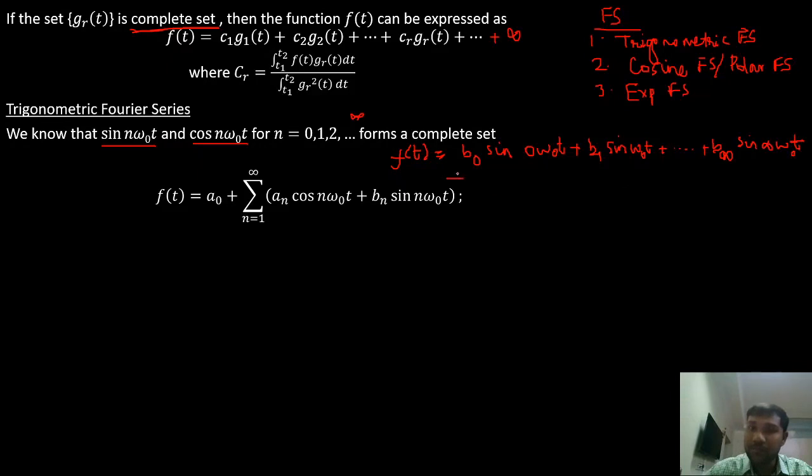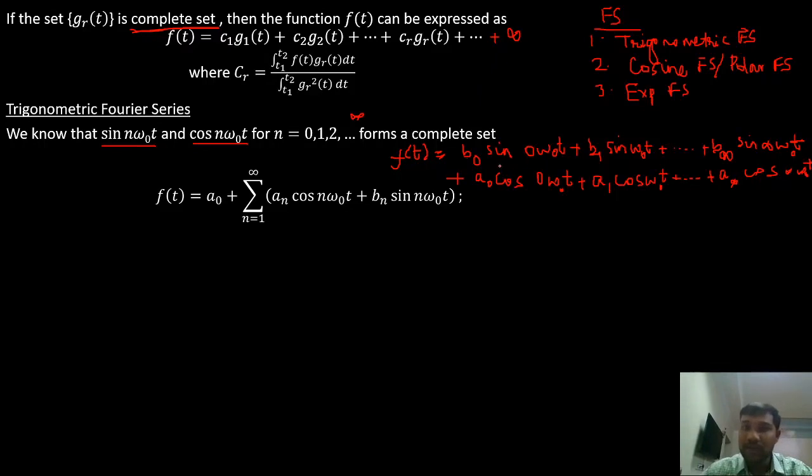Plus, for cos I'll consider a naught cos 0 omega naught t plus a1 cos omega naught t plus, and so on, plus a infinity cos infinity omega naught t.